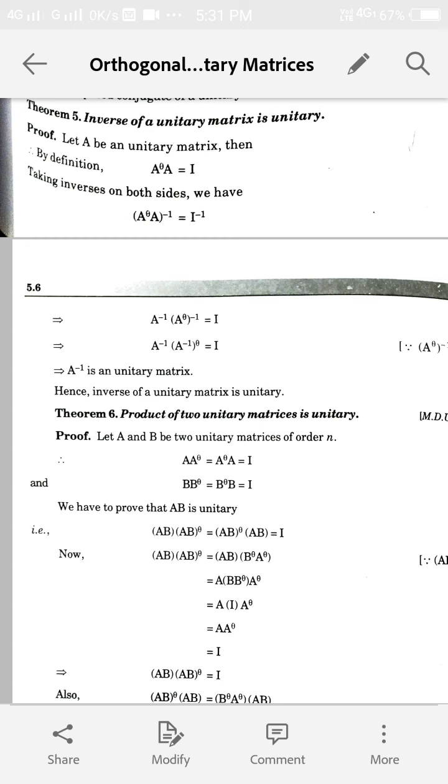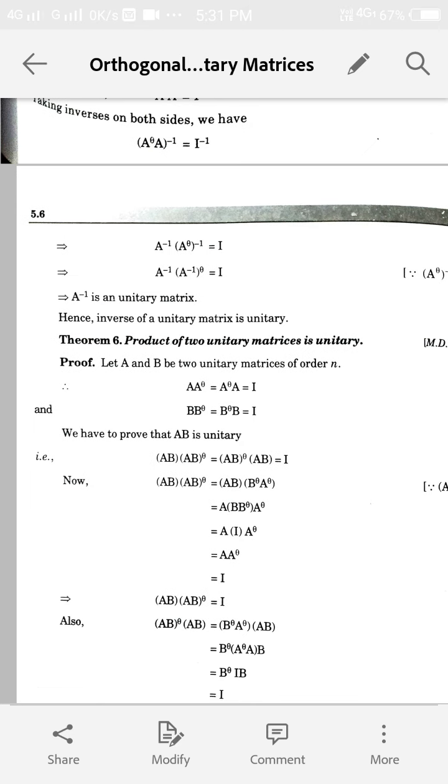And we can write it as A inverse into A theta inverse equal to identity, and this is the same as A inverse into A inverse theta equal to identity. So here if you look at this, the multiplication of A inverse and A inverse theta is again an identity matrix. So we can say that the inverse of a unitary matrix will again be a unitary matrix.